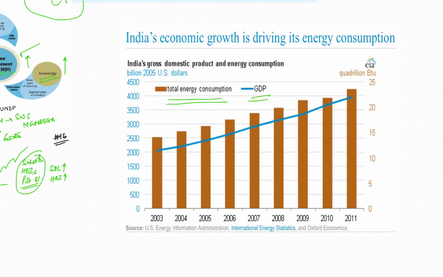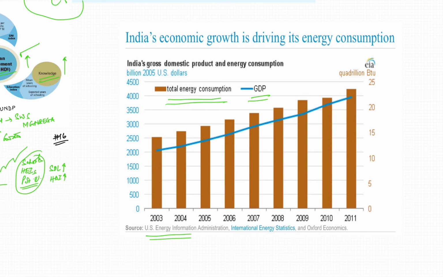Now, this is a study which is being done by, very strange, the US Energy Information Administration, done by people who are not connected with our consumption story. India's studies are being done by people from abroad, and we say that we don't know what to do about research or the way to do research.